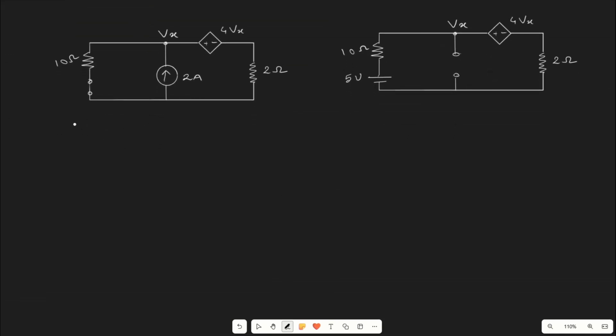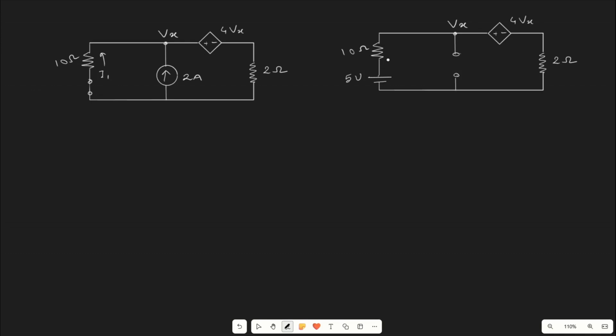So in the first circuit, let us name it. We have to determine the current I1, that means this current.